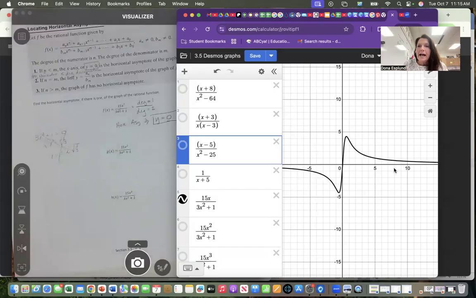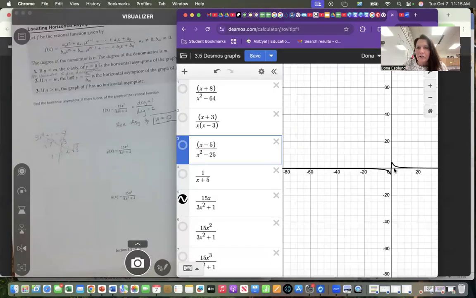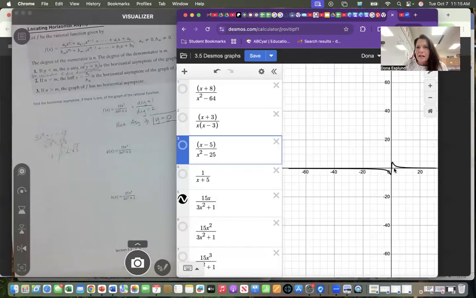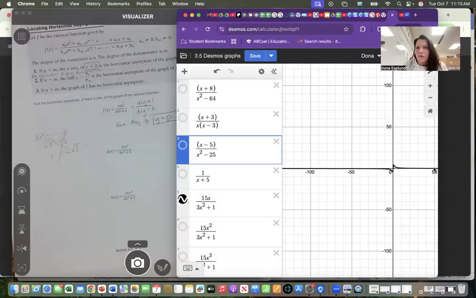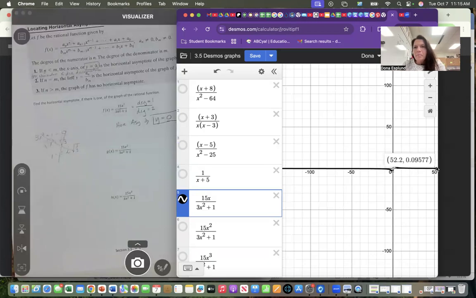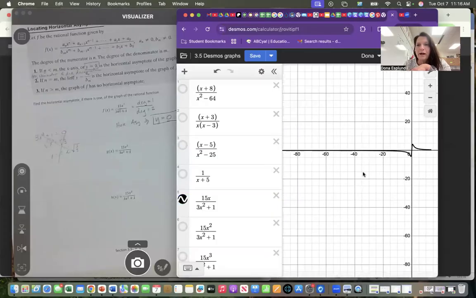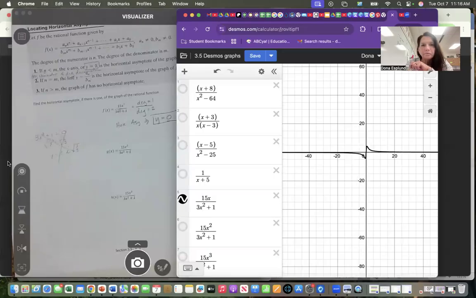If I squeeze this down a little bit so I get more values, if I get the value of 50, if I click on this, notice that I'm getting really, really small, but I'm never going to actually hit 0. And if I go really, really negative in the negative direction, I'm going to get really, really small again, but never actually hit 0. So again, that shows that I have a horizontal asymptote on this graph at 0.